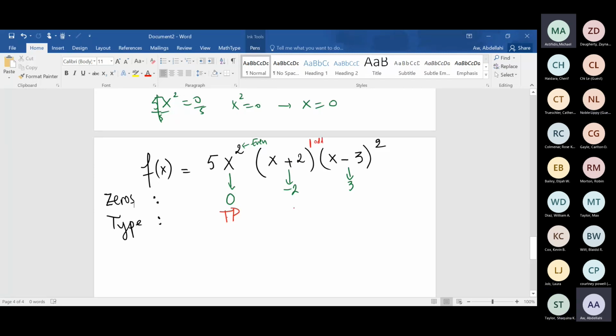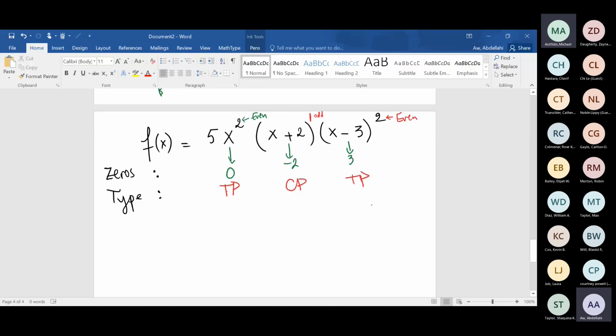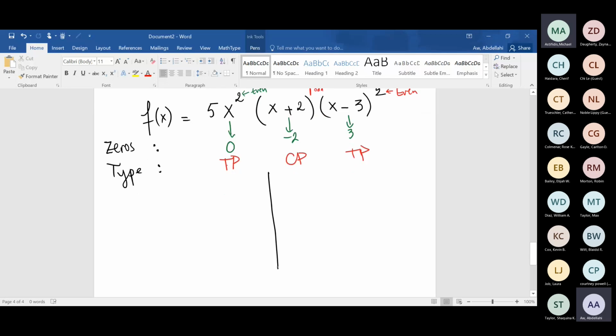CP. A CP. And because 2 is even, this is a TP. How are we going to use that? We're going to use this TP, CP stuff. It's going to save us lots of testing.